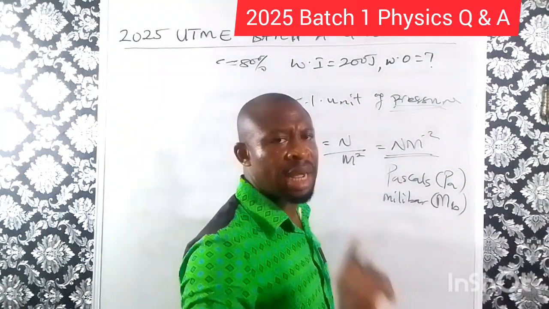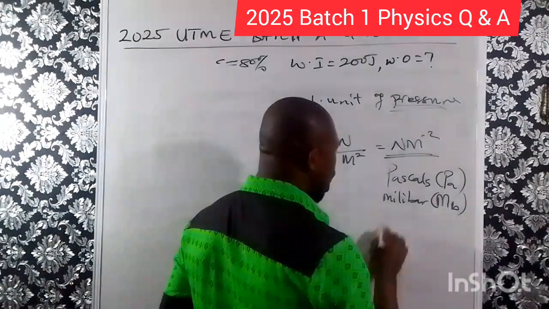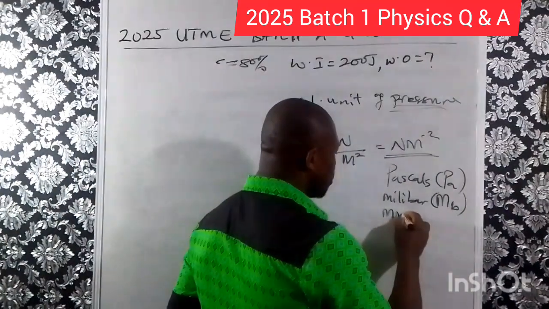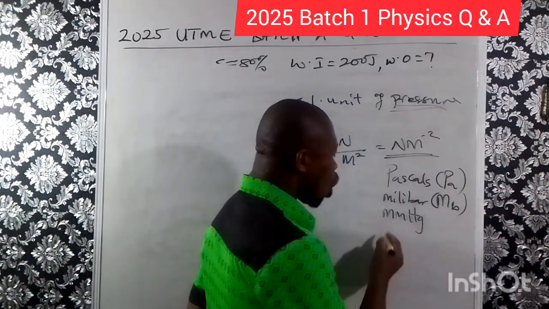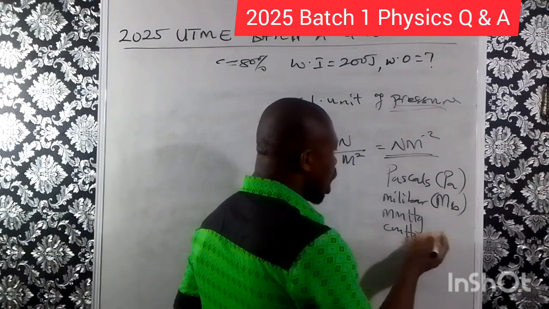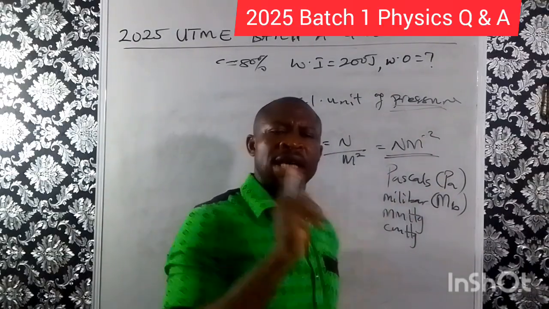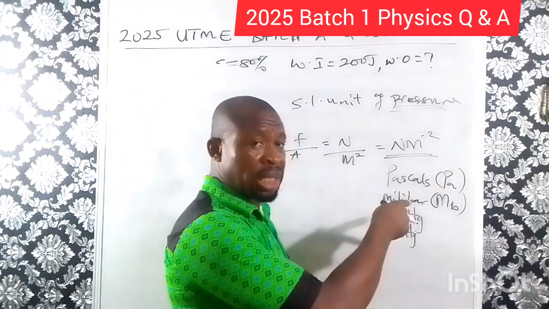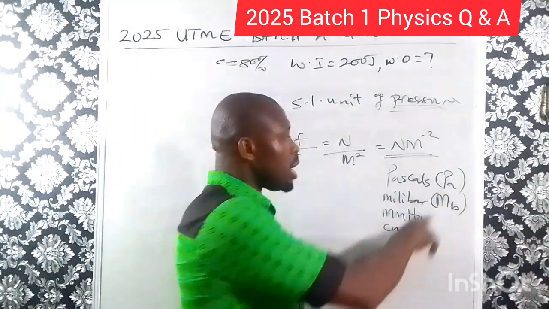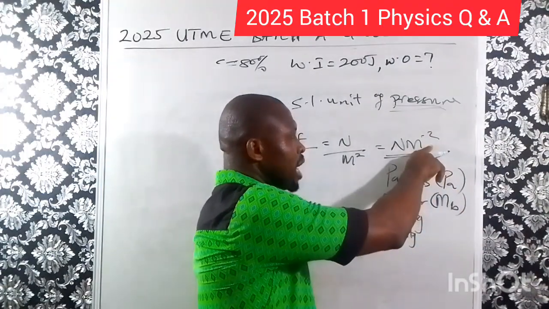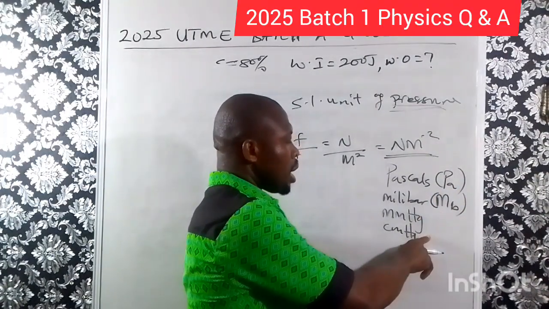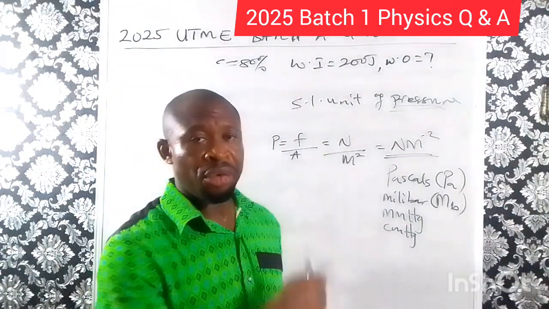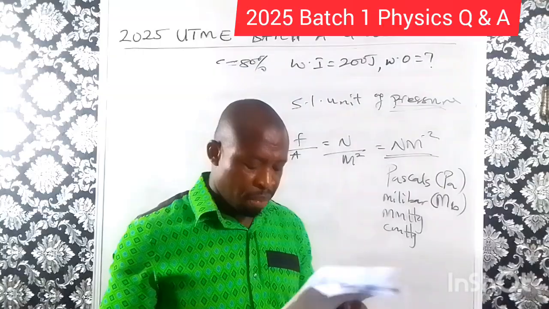Millibar is an SI unit of pressure. You can also have millimeter mercury, or cm mercury. All these are SI units of pressure. In case you met it, just note this: pascals, Newton per meter squared, millibar, millimeter mercury, or cm mercury. These are SI units of pressure.